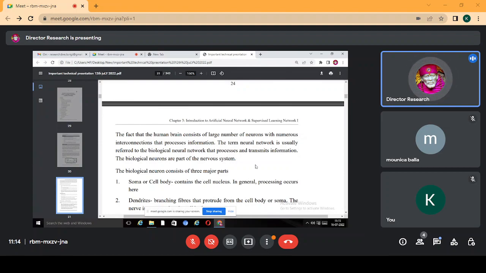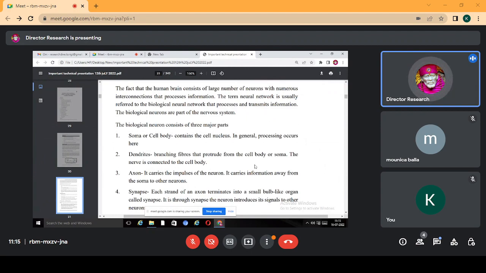This is very important. The term neural network is usually referred to as the biological neural network, which processes and transmits information. The biological networks are a part of the nervous system.